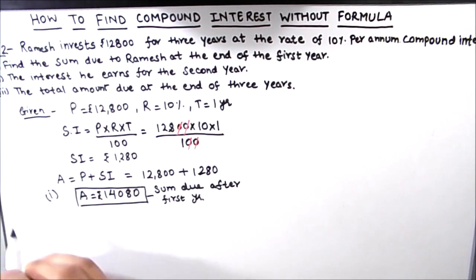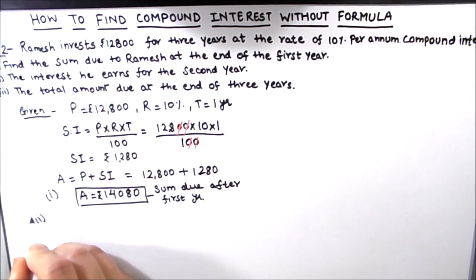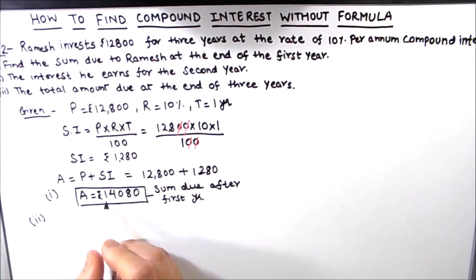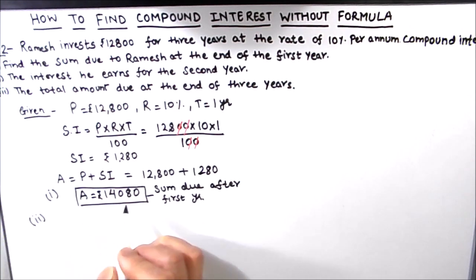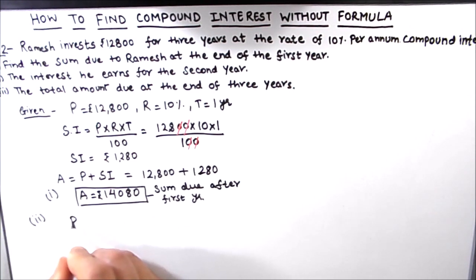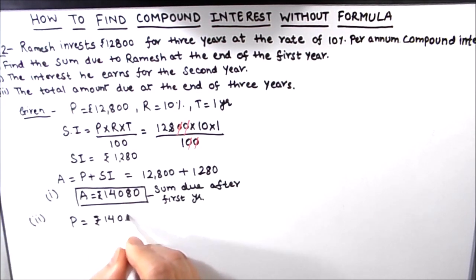Now let's calculate the second part, which is the interest he earns for the second year. For finding the interest he earns for the second year, we need to take this amount, and this amount will act as a principal amount for the second year. So principal will be rupees 14,080.